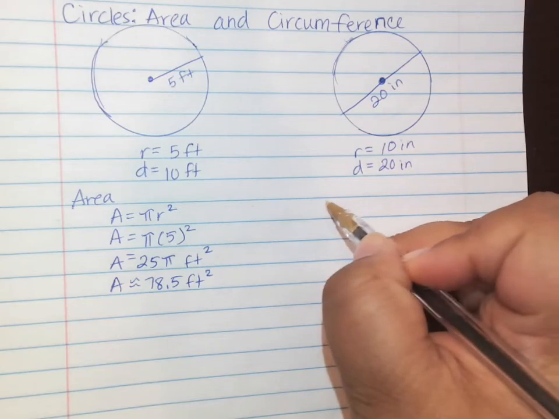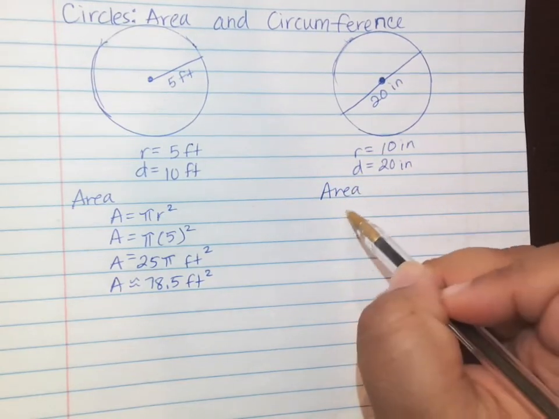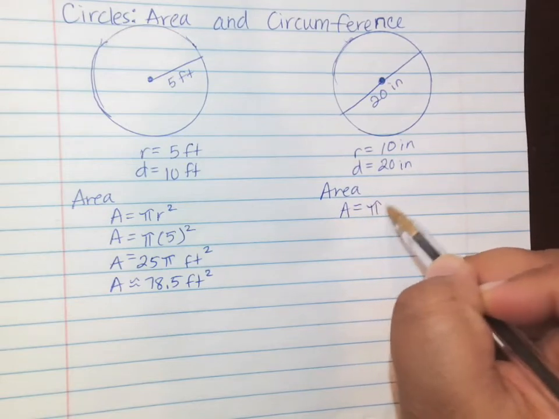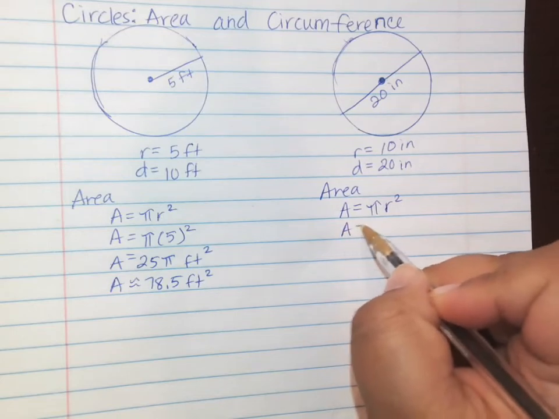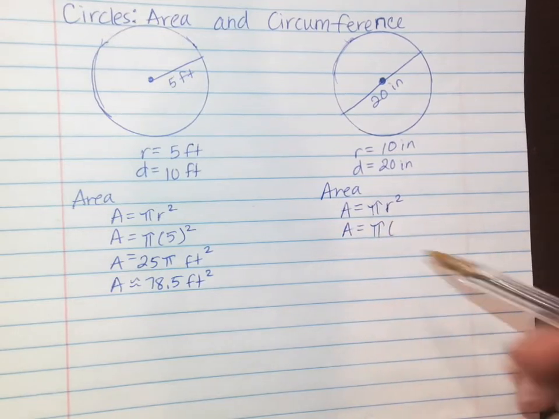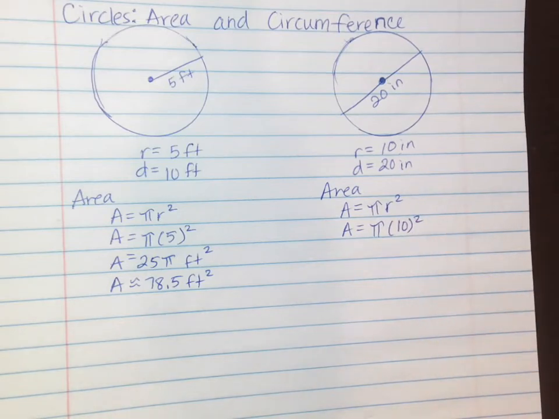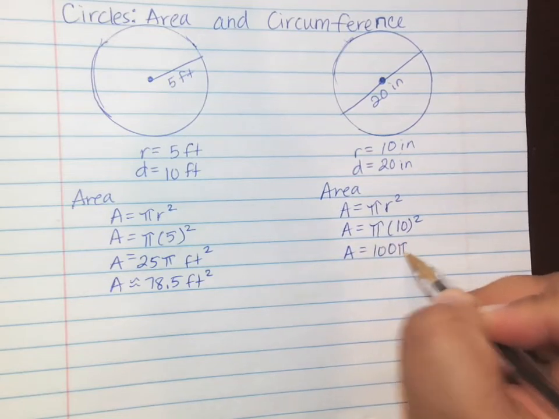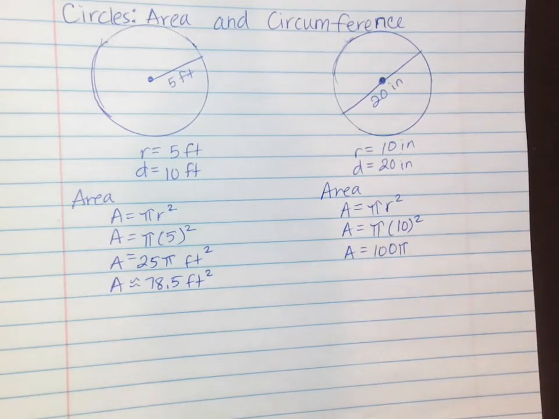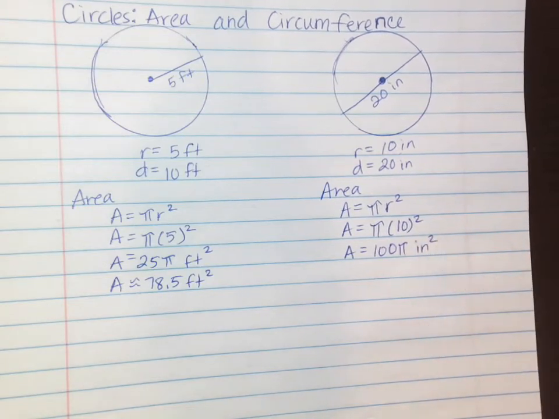So, let's do the area here. Same thing like before, I'm going to plug in the formula. So area equals pi r squared. My radius we just found was 10 squared. 10 squared is 10 times 10, which is 100. So we have 100 pi, or you can multiply that out, and actually our units are inches squared.